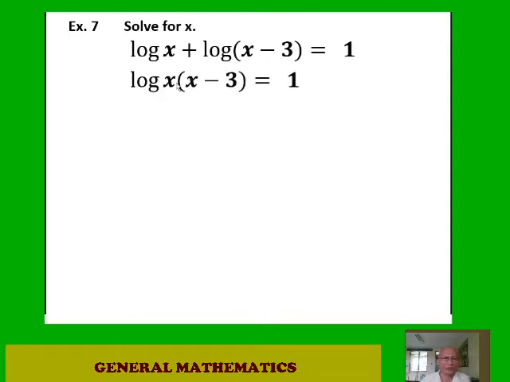So the product becomes addition according to the law of logarithm. Then after we express the equation in a single logarithmic form, we can change it into exponential form. The base is 10.